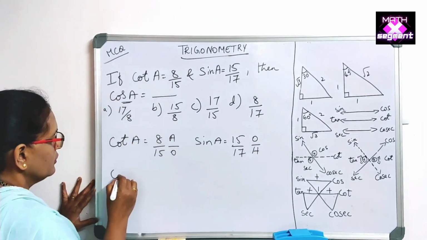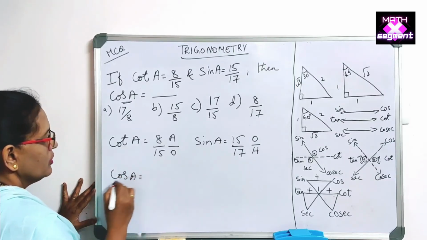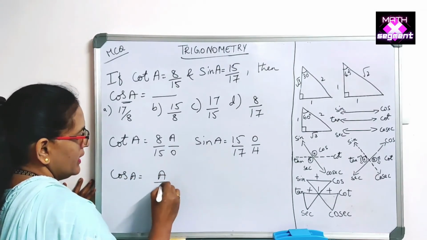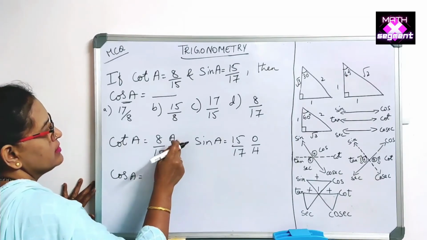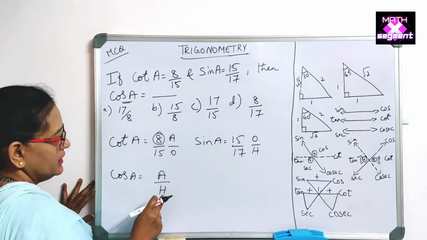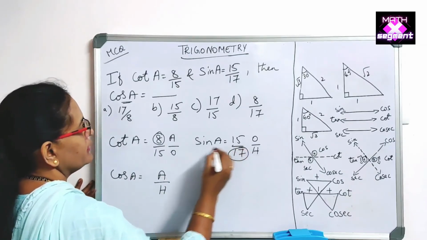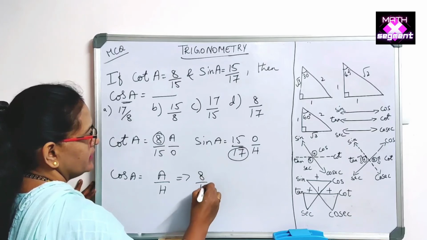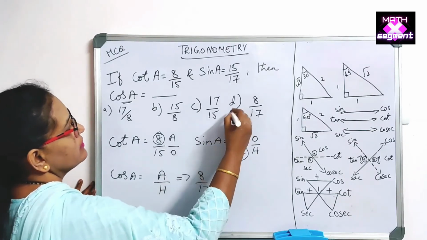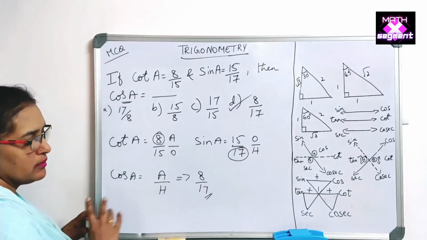Now you have to find cos A. Cos is adjacent by hypotenuse. From the given information, adjacent is 8 and hypotenuse is 17. So cos A is 8 by 17. So 8 by 17, option D, is the correct answer.